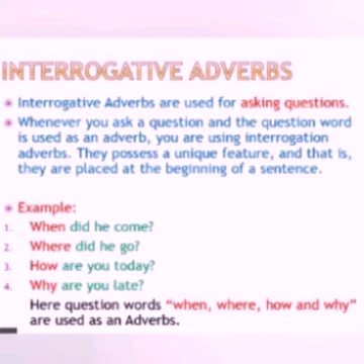They possess a unique feature, that is, they are placed at the beginning of the sentence. Other kinds of adverbs are placed in the middle or end of the sentence, but interrogative adverbs are always placed at the beginning of the sentence because it is always asking a question.